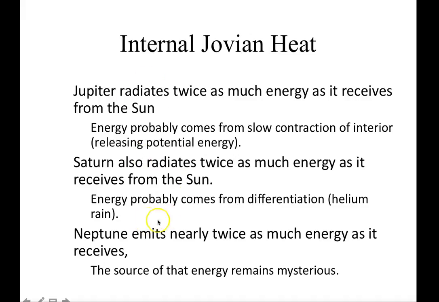So all 3 of these planets are emitting twice as much energy as they receive from the Sun. Jupiter is still believed to be contracting, and when you contract, the potential energy associated with gravity gets changed into kinetic energy. That kinetic energy increases the temperature, and that temperature convects out to the outside surface.